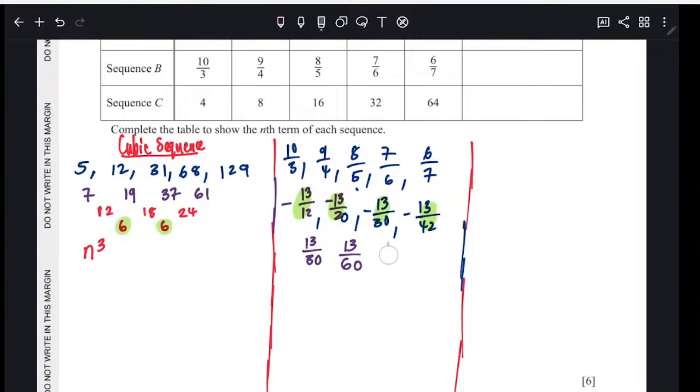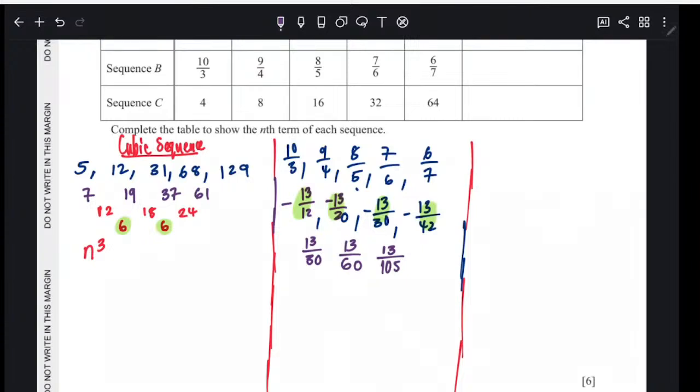What do you get? Why are you quiet? Do you agree? You got 13/105. Subtract them, let's see now. You see the difference is still not the same.